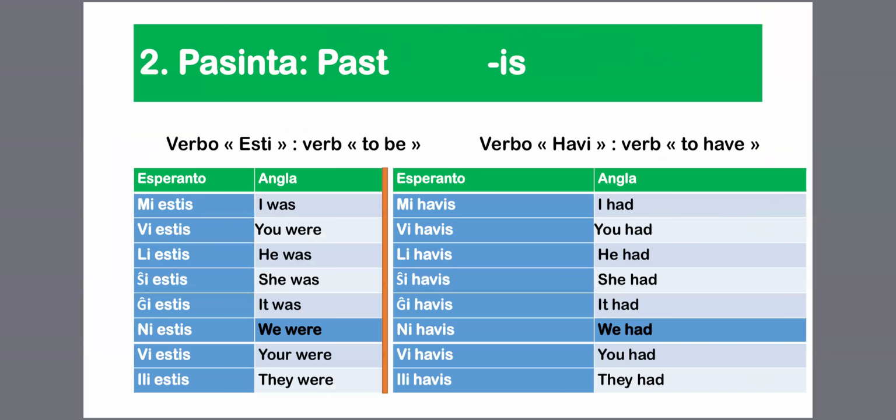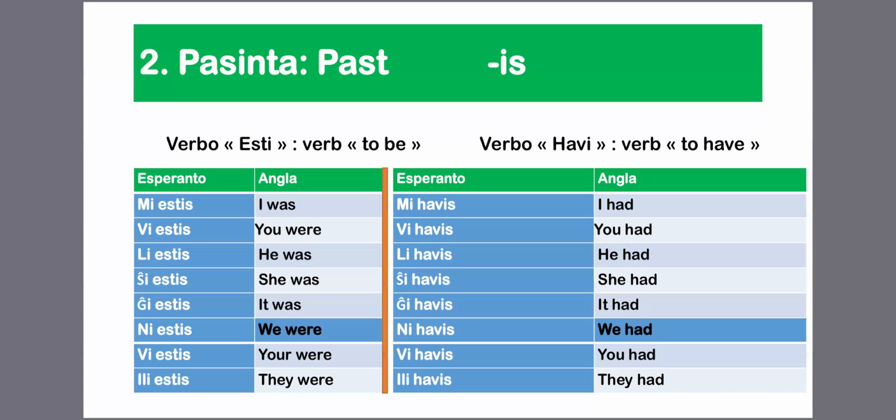I need to give you a summary of what we have learned so far. We are seeing the tenses in Esperanto. Last time we saw the present, which is defined by AS. We took two verbs, the verb to be and the verb to have. In Esperanto, to be is esti, and to have is havi.